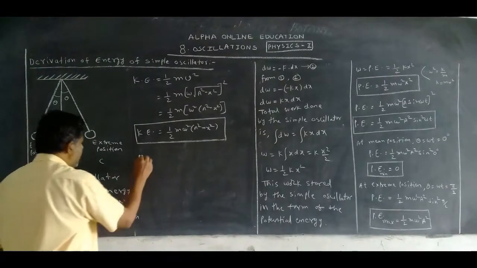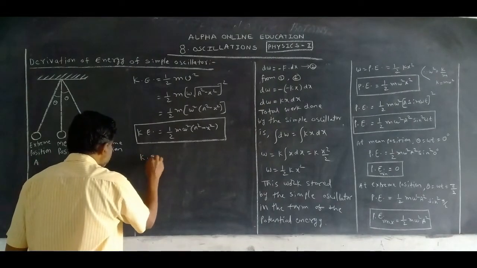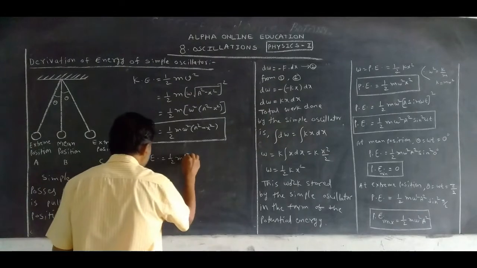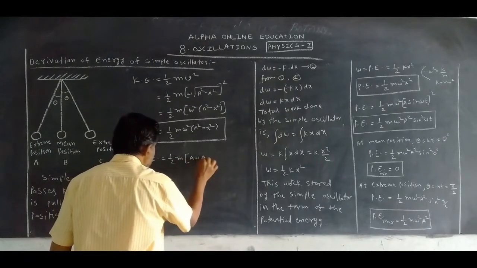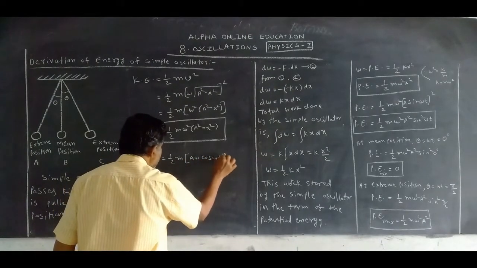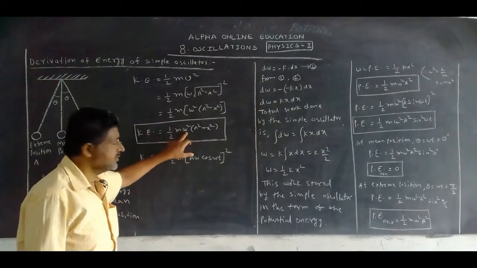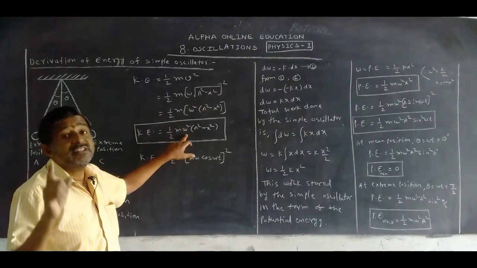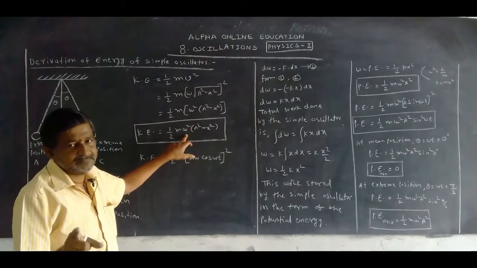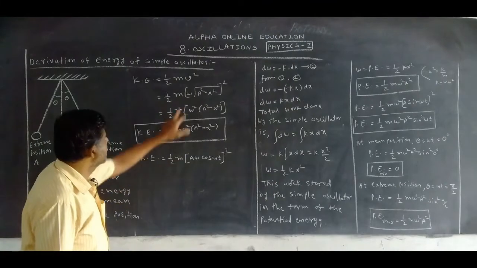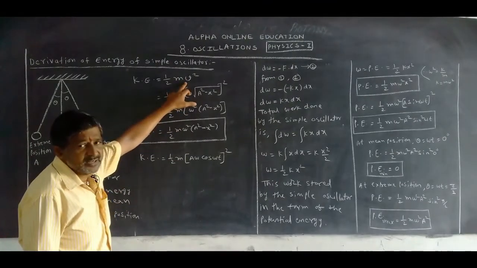Now take a harmonic function. Half m, what about v? A omega cos omega t. With harmonic function, kinetic energy is half m. What is the velocity of the simple oscillator?